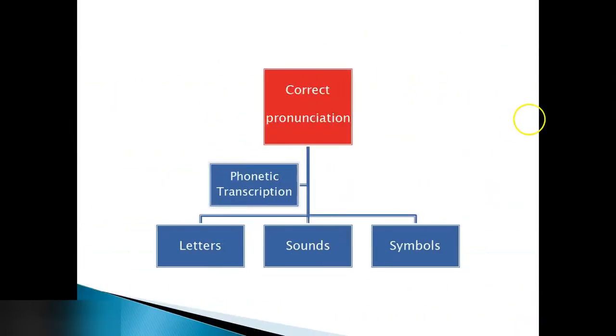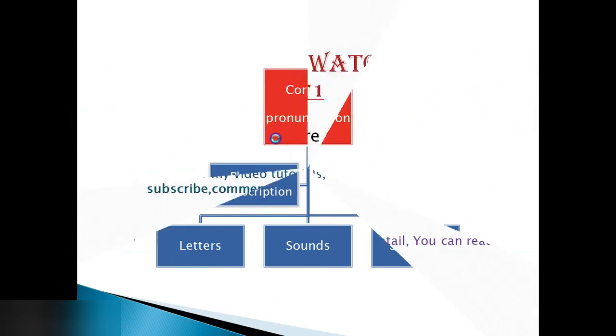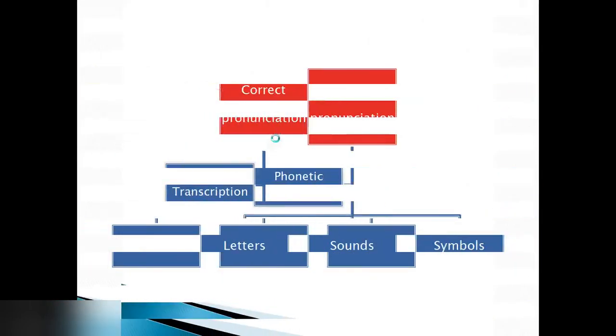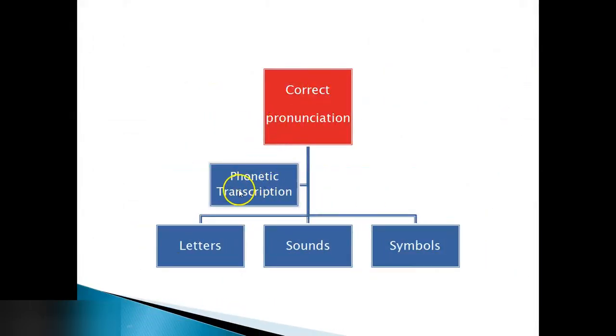So you see, to learn correct pronunciation, you should know what phonetic transcription is. And to learn phonetic transcription, you should know the letters and the sounds represented by the letters, and obviously the symbols of these sounds.